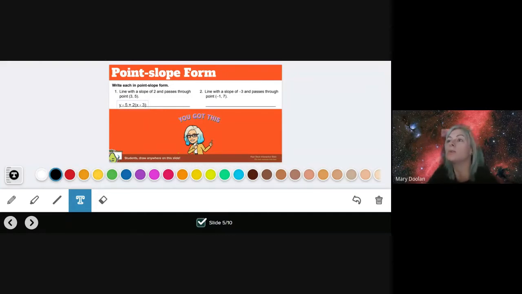And then you're going to use that information in slide 5, line with a slope of -3, passes through -1, 7, and you're going to graph it right here on this coordinate plane using the drawing tools. And there's a point slope little video. I only want you guys to work on slides 5 and 6. I'm going to give you some time to do that, and I'm going to share that with you so you know where you should stay.